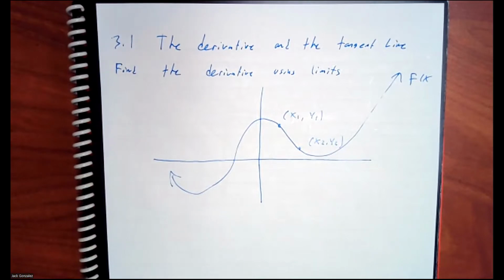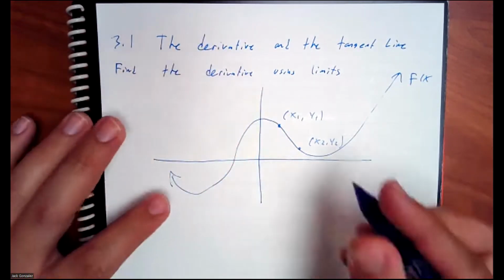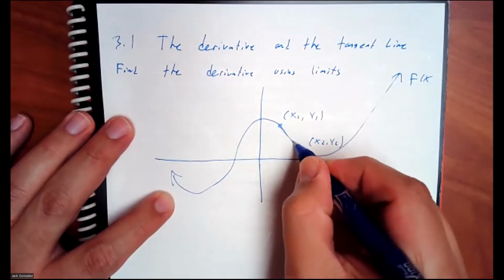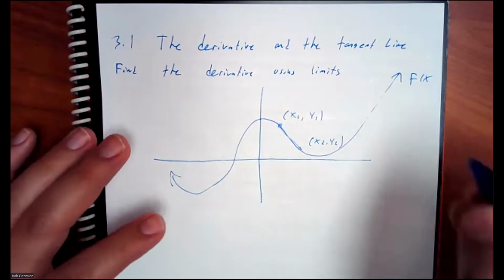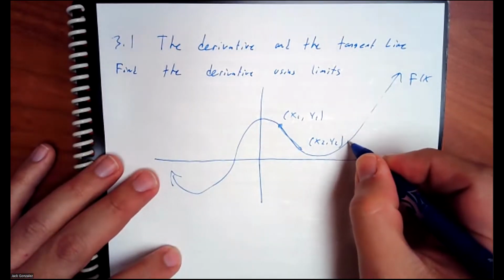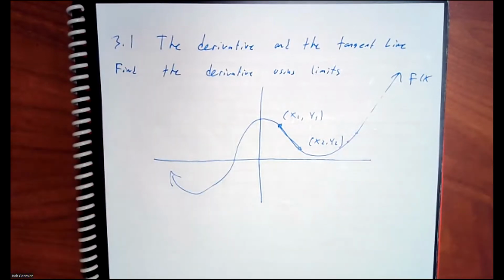So if we found the slope that connects those two points, it'll be some line there. But as the line starts to curve, picking two other points is not going to give you the exact rate because it's curving.